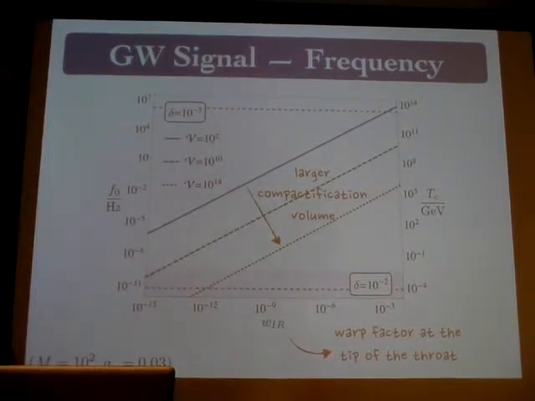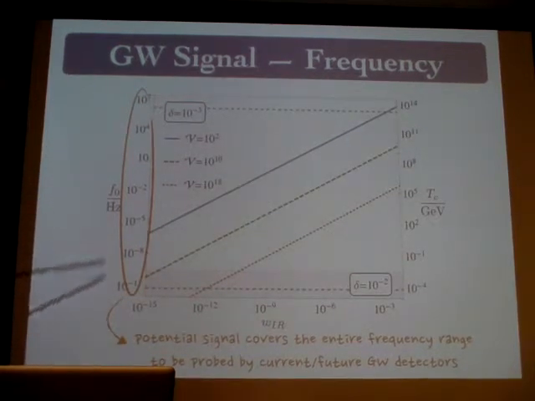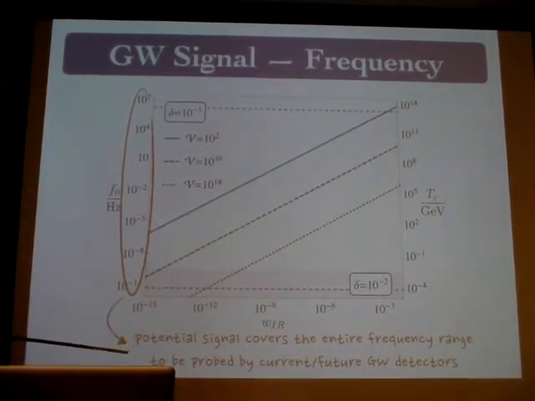But the upshot of this plot is actually that the frequency of the potential signal covers a very wide frequency range, and in particular, a frequency range that will be probed by current and future gravity wave detectors.